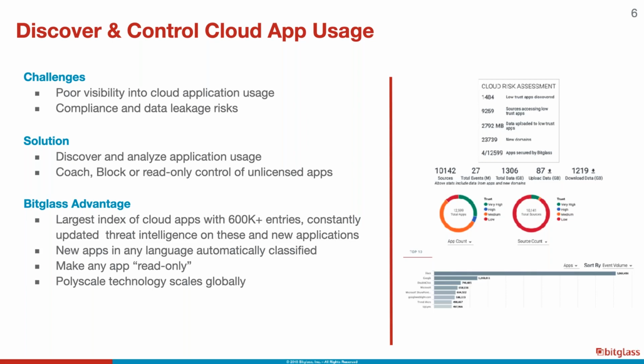From a discovery and control app user perspective, we can have actionable reporting immediately. You can see the reports, and then if you see something where you say, okay, we don't want to have that in our network, you can have a control pane in there, which consists of coaching, blocking, and making read-only.